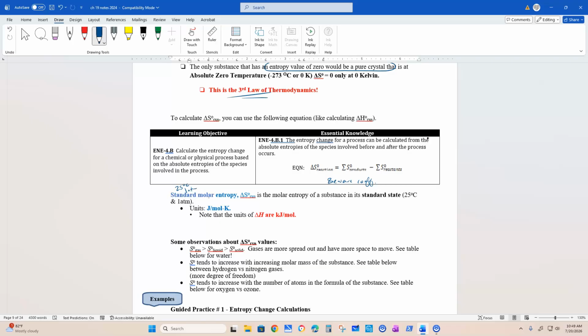Molar, because we're going to have units of moles, and then entropy, delta S. Whether you write the word reaction or not, that's your choice. Sometimes you may see it without. It has the units of joules per mole times Kelvin. Notice the difference between delta S and delta H, joules versus kilojoules. And with delta H, you have no Kelvin because we're not putting temperature into the calculation.